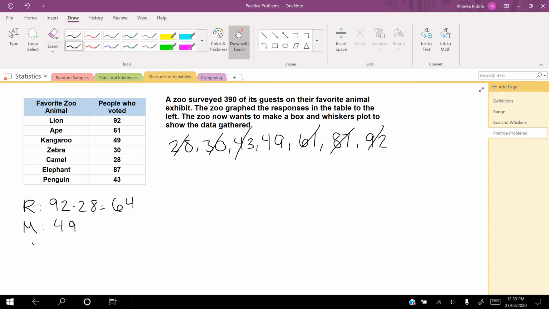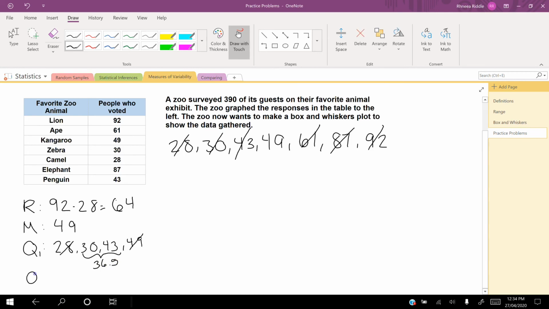Then we're going to find our lower quartile, or our Q1. So that's 28, 30, 43. And because this isn't an odd number data set, we're going to include that median, 49. And we're going to go back and forth. So we have to find the middle between 30 and 43, which is going to be 36.5.